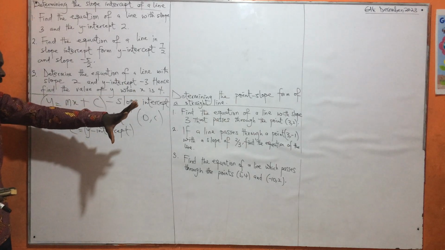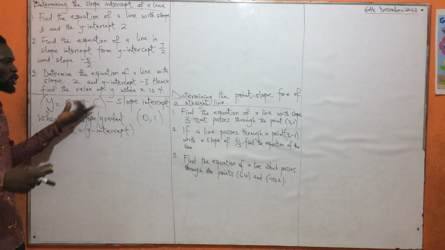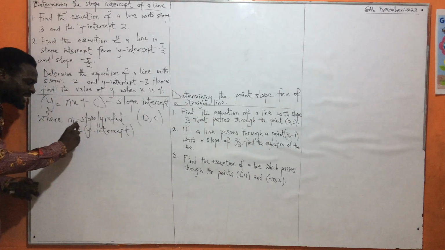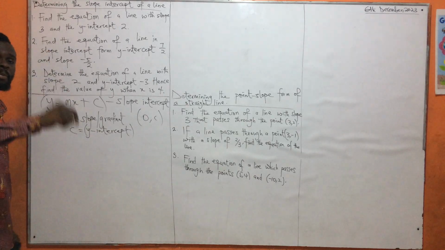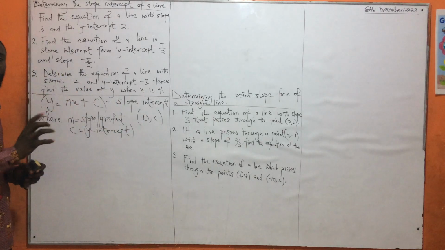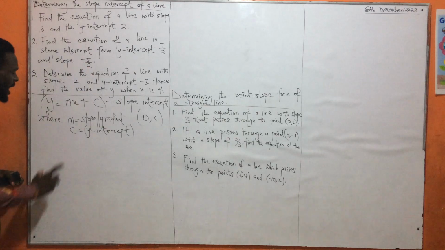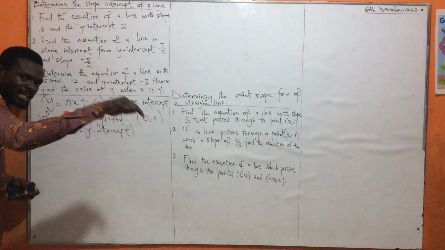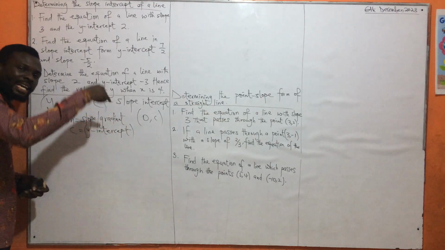I hope you understand that. Since we have this as the slope intercept, we should know what m is and what c is. So if we find the slope intercept form of the equation of the line, then we should know the gradient, the slope of that line, and the y-intercept.